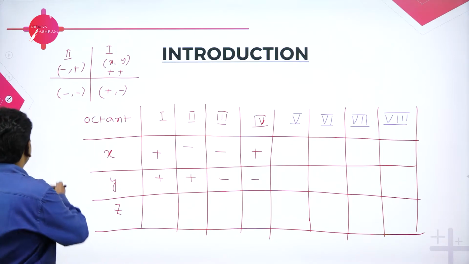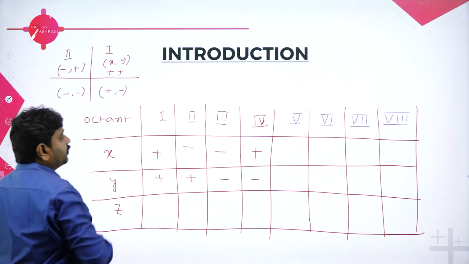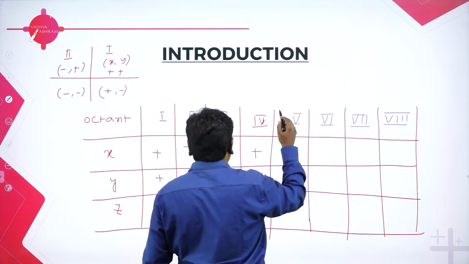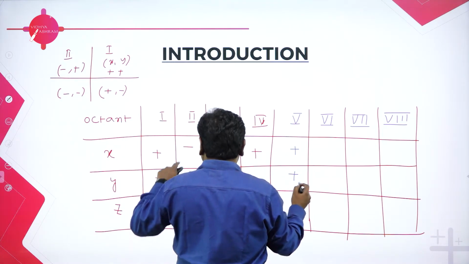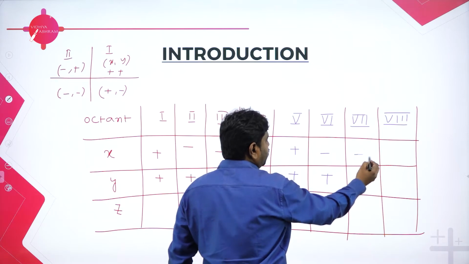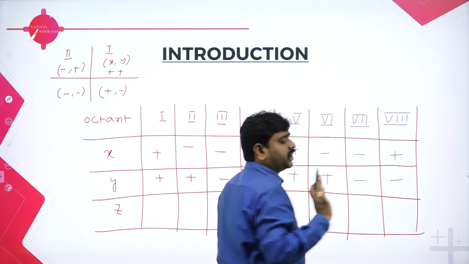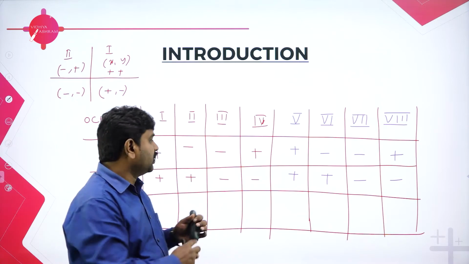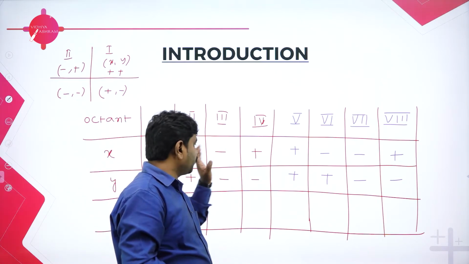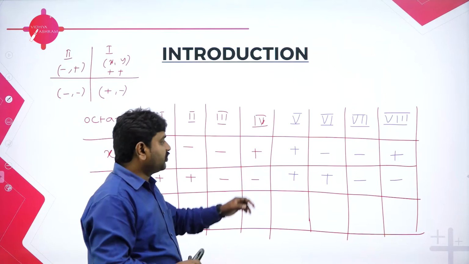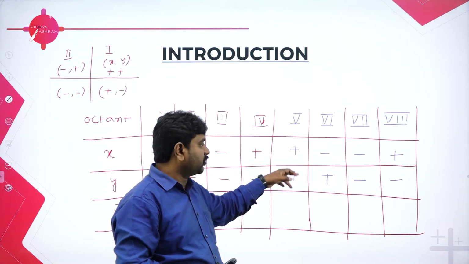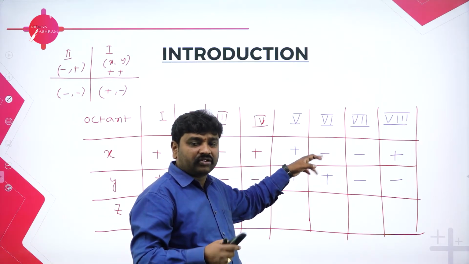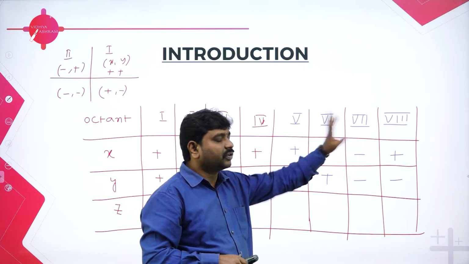Now repeat them: positive, positive, then negative, positive, then negative, negative, then positive, negative. First 4 octants and next 4 octants. Whatever you generated for the first 4, start again from the first and write them again: first quadrant plus plus, second quadrant minus plus, and so on, filling the 5th, 6th, 7th, 8th.